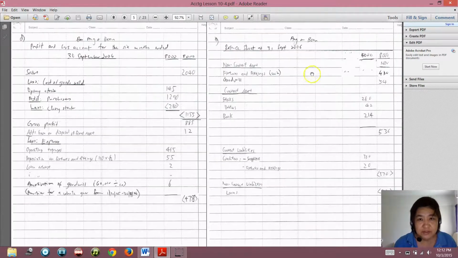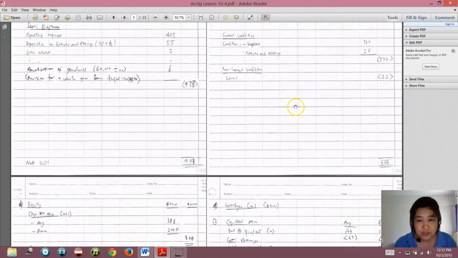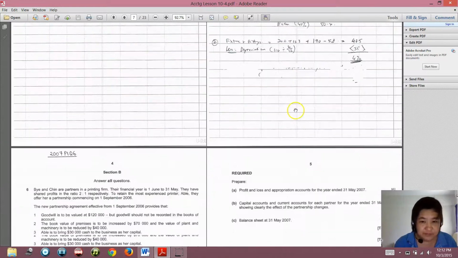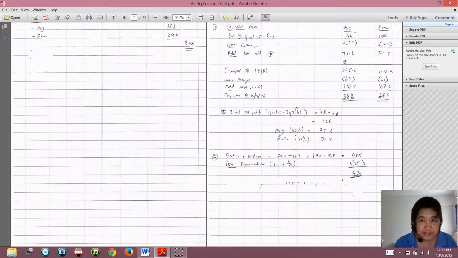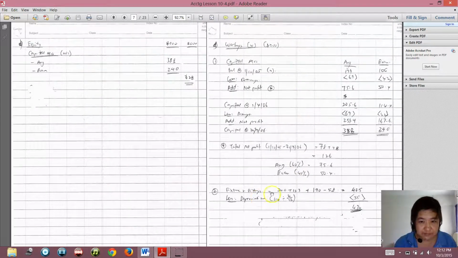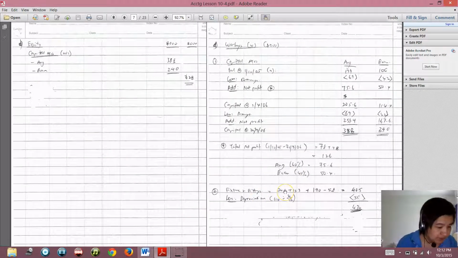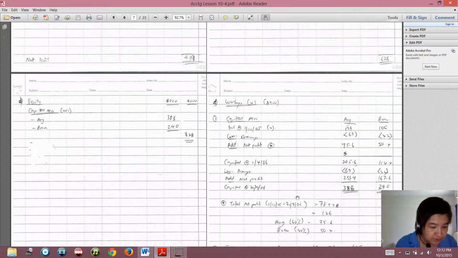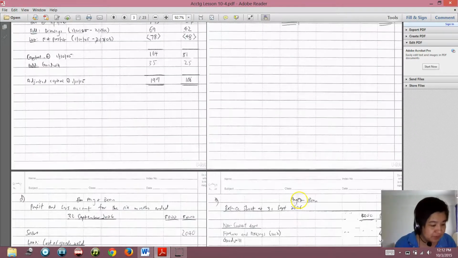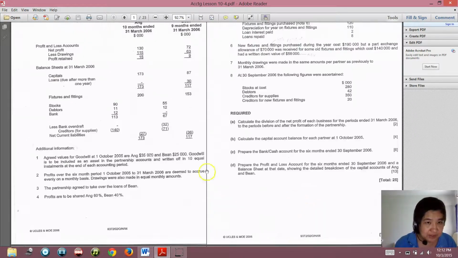Now how about fixture and fittings, it is a bit difficult to count, so I put it in working 2. Okay, so fixture and fittings will be the fixture and fittings given in the question, 173, and in the question the fixture and fittings is 200 and 153. This is the fixture and fittings at the beginning of the year, 200 plus 153.